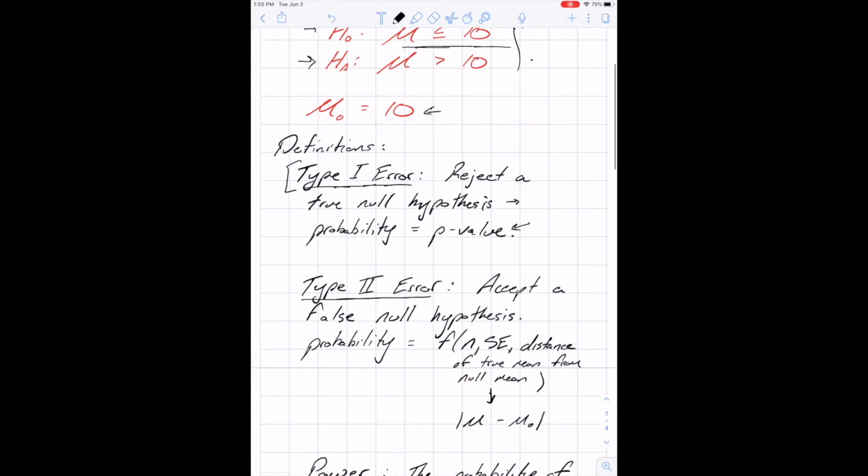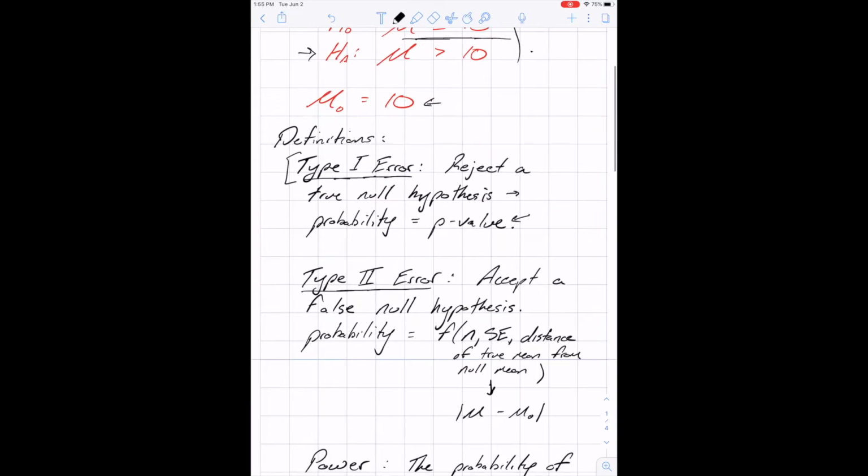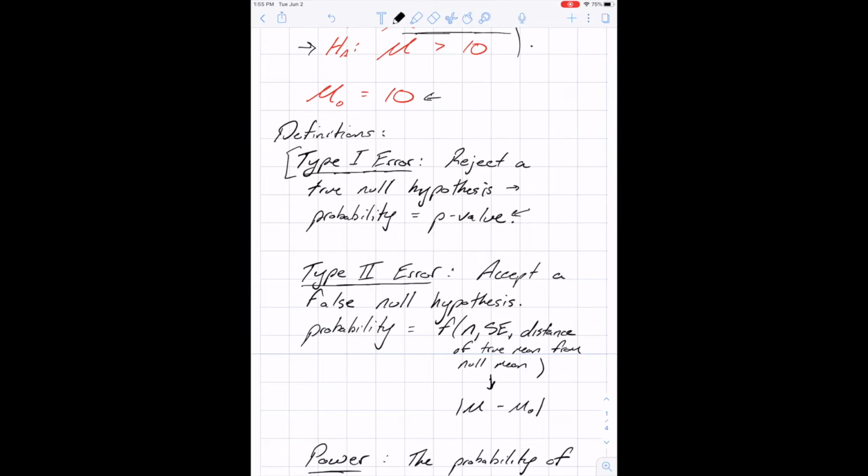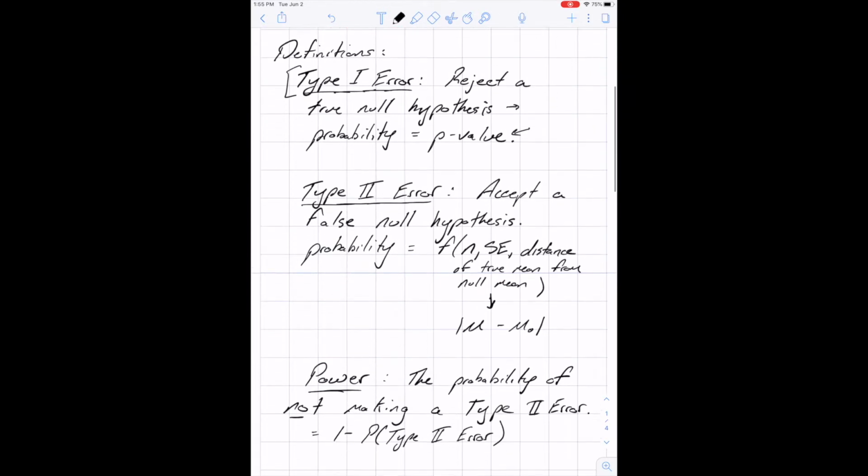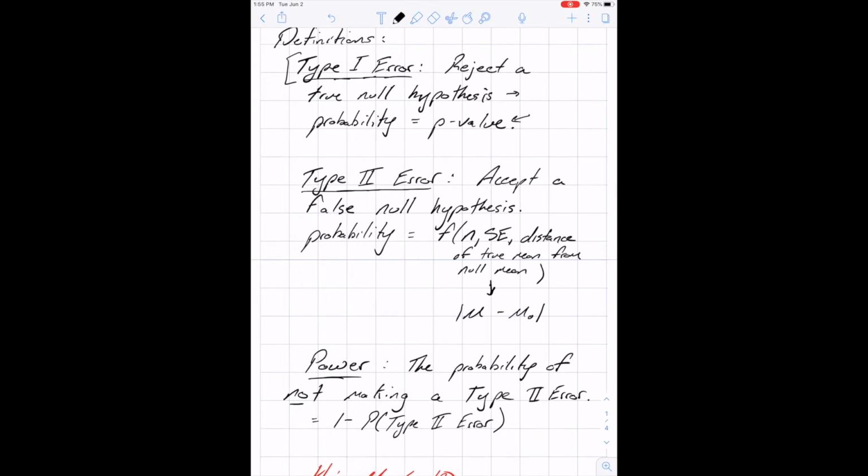Now, a type 2 error is the opposite type of an error. That would be if we accepted a false null hypothesis. Okay? So the probability of a type 2 error is a little bit more complicated.